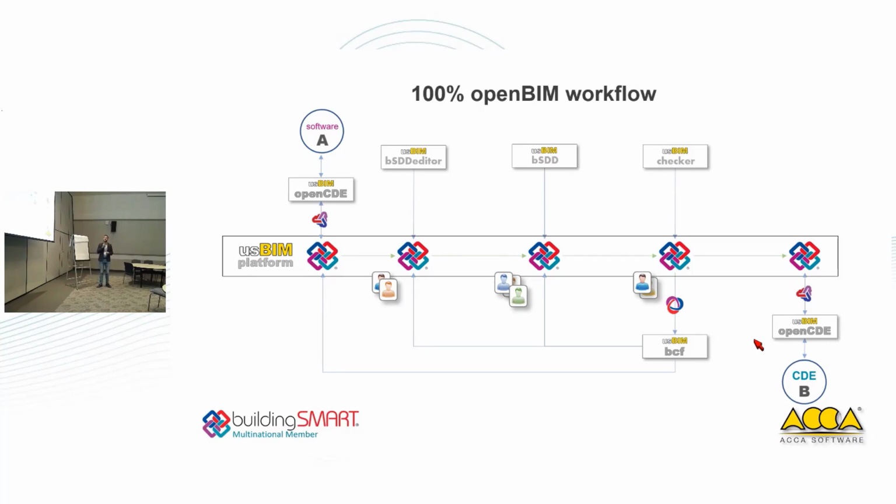They may also work simultaneously because we will work online in a common environment. So it is not only one single user that can access the model. Different users can see the same model from different perspectives and maybe use different domains of the bSDD to enrich the model from different points of view.